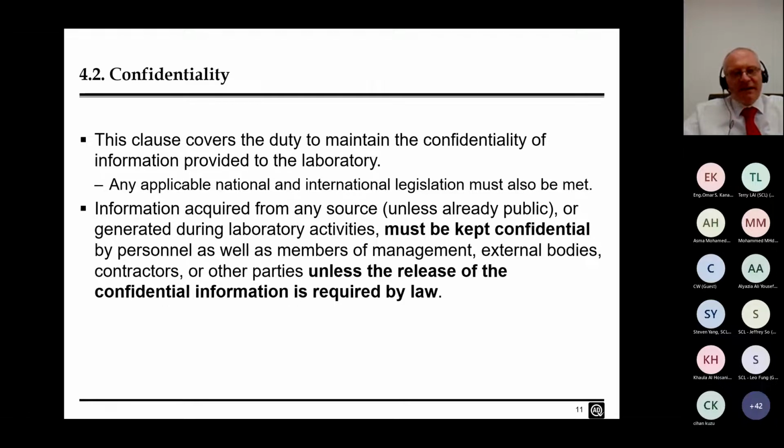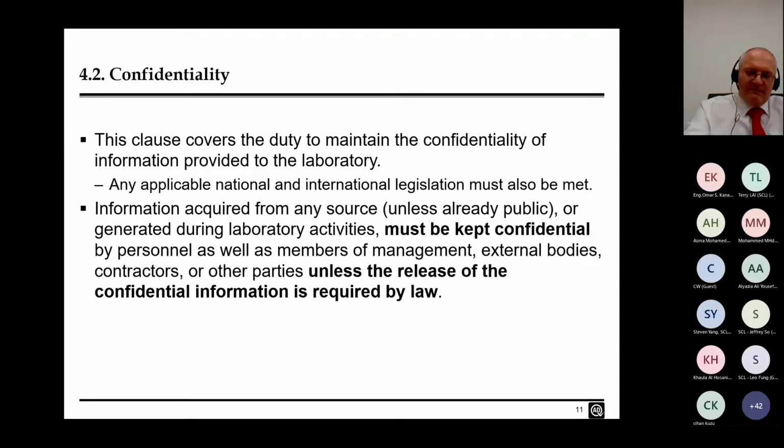So we have to maintain confidentiality. Anything you find out should be kept confidential by personnel as well as by management, external bodies, anything. It should all be confidential unless the release of the confidential information is required by law.